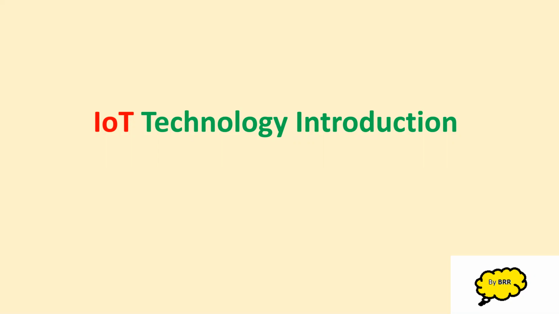So basically, this is a kind of automation technology, where you can share or transfer data between person to person or device to person without interacting human to human or human to computer.